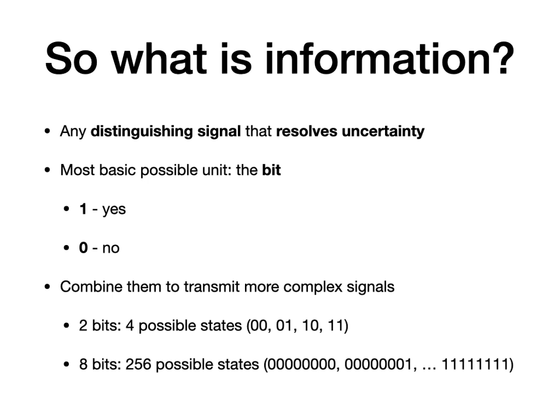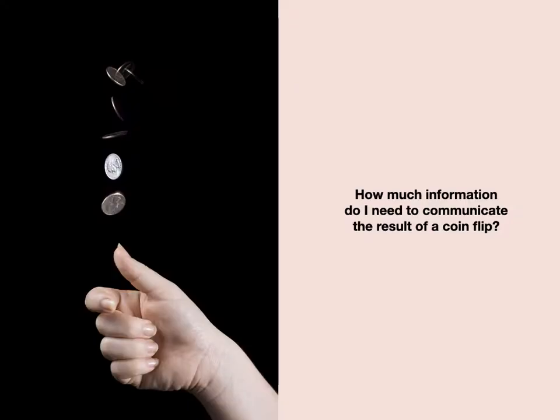Okay, cool. So let's kind of throw some of this at the wall. How much information do you need to communicate the result of a coin flip? Well, a coin flip, barring extremely rare circumstances, is going to be in one of 2 states, either heads or tails.